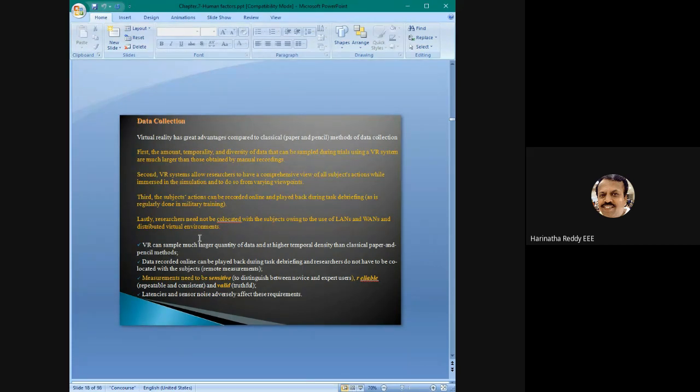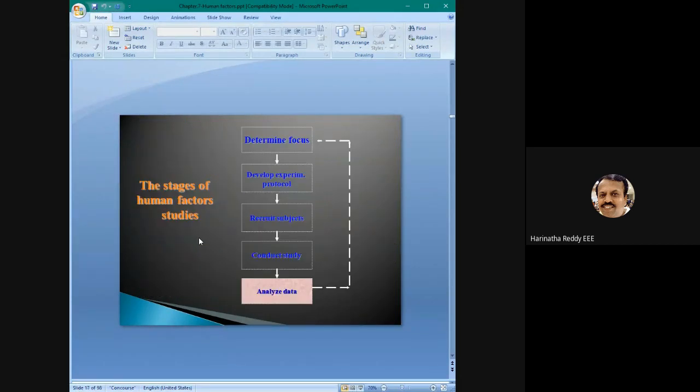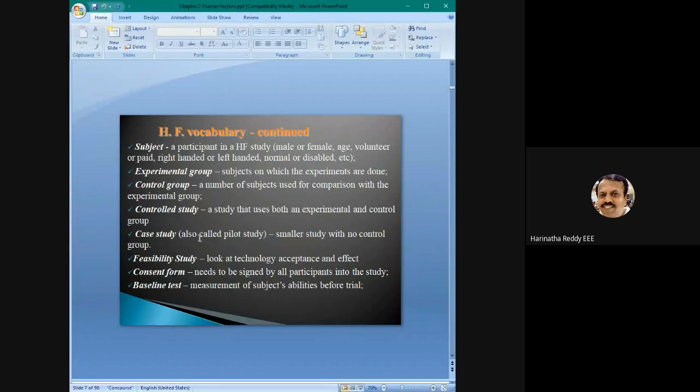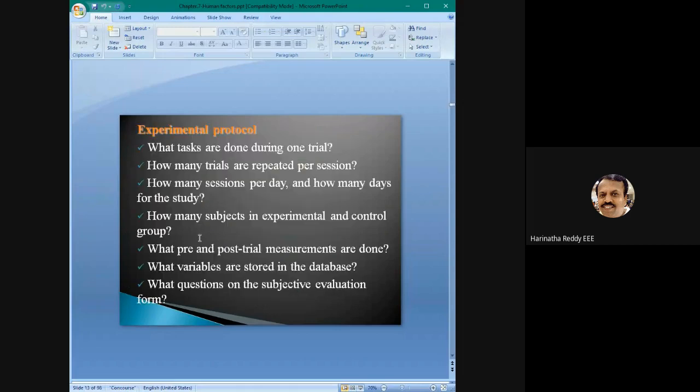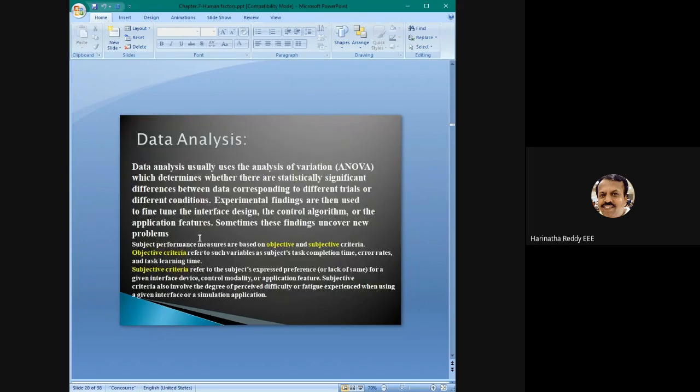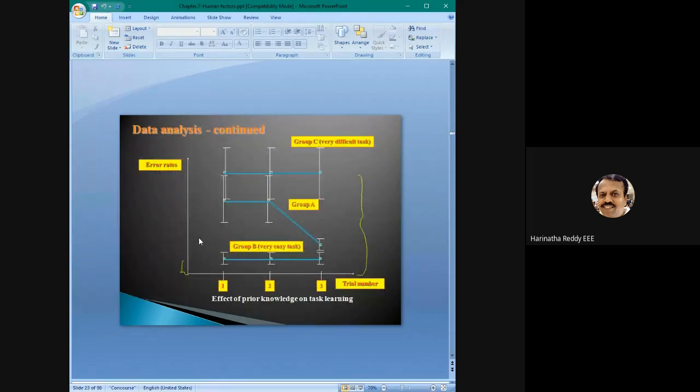Okay, students, I hope in the previous class we discussed this human factor studies. Is it clear? And even we have seen data analysis. Is it clear?